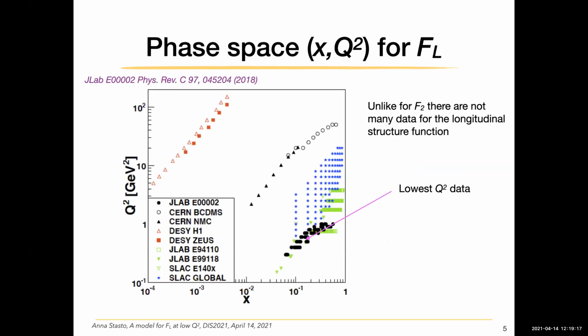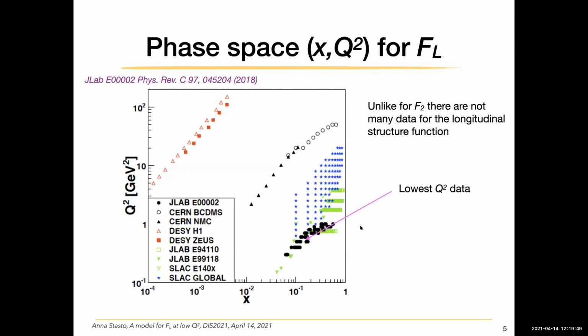Now, unlike F2, where there are lots of data and it's easier to constrain the low Q square behavior, the situation with FL is different, and the amount of data is much less. Here are HERA data, here are the CERN NMC and BCDMS data, and here we have SLAC together with JLab.